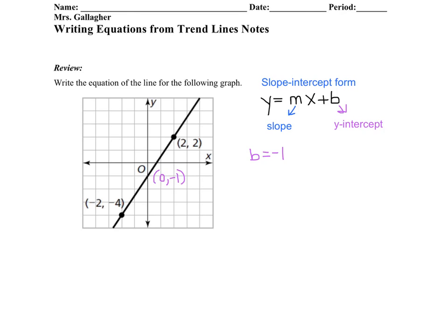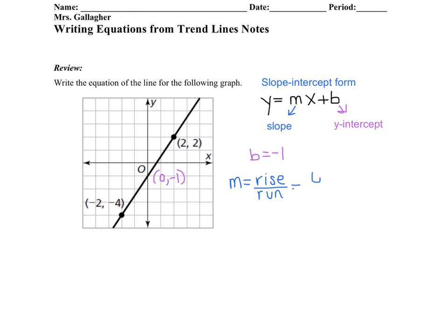We can find slope two different ways. Our first way is using m equals rise over run. So to do that, we want to rise using our bottom coordinate and run to the top coordinate. So we're going to rise 1, 2, 3, 4, 5, 6.